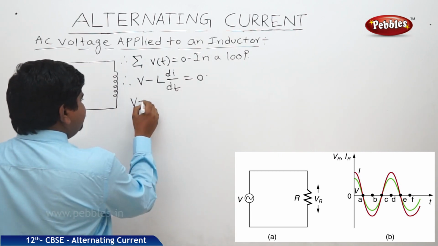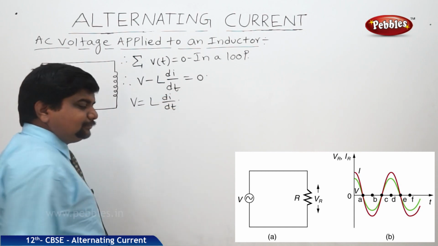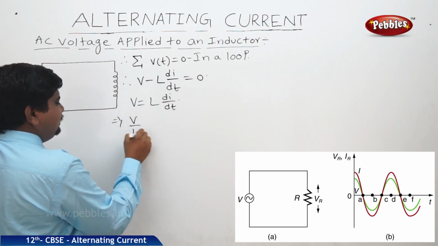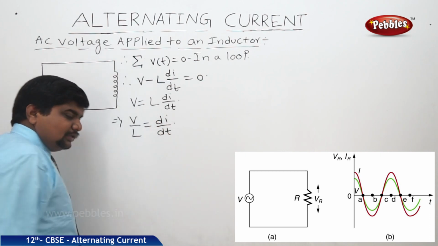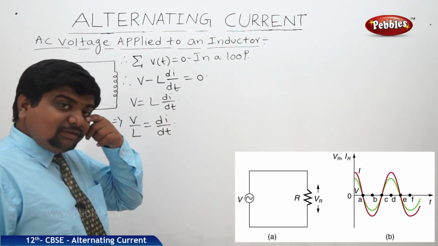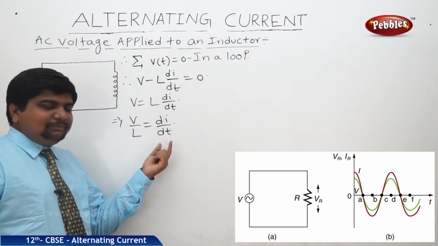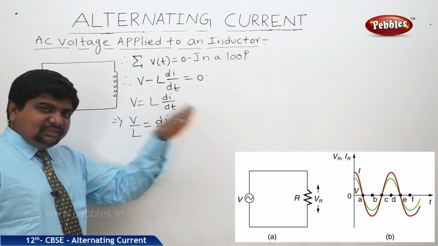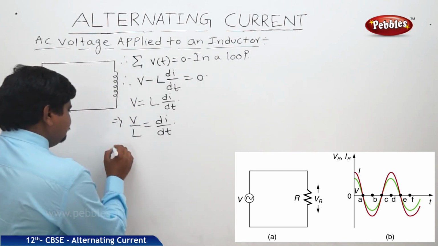From this we can write V is equal to L di by dt, and V by L is equal to di by dt. Di by dt is nothing but the rate of change of current. Now I am multiplying both sides with dt and integrating.